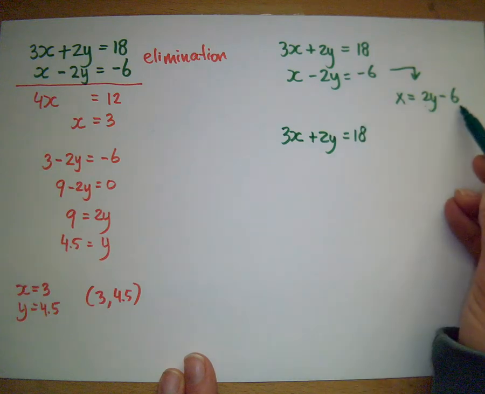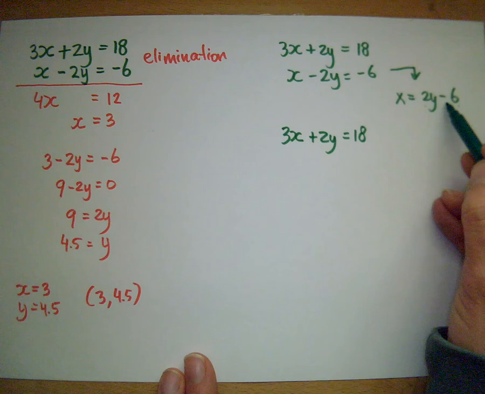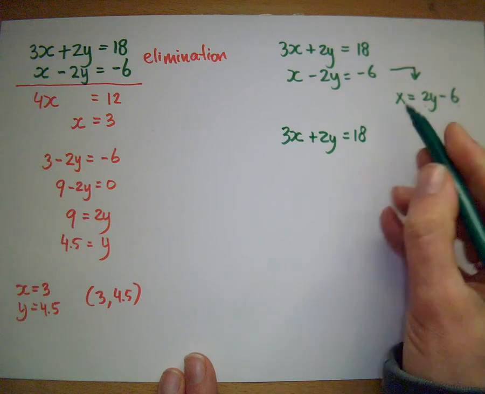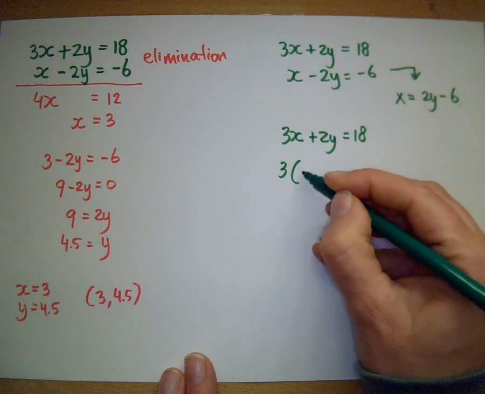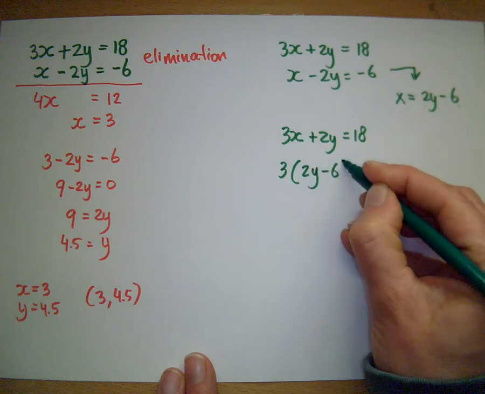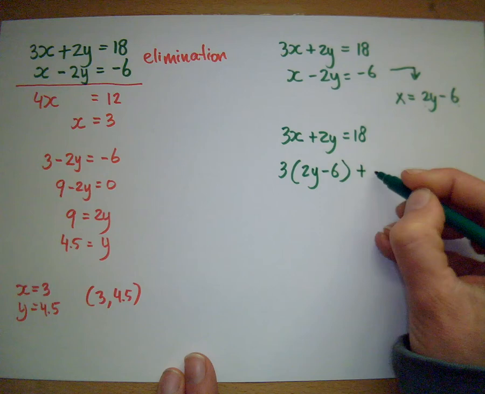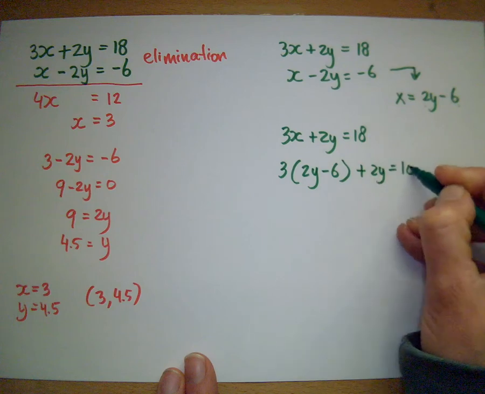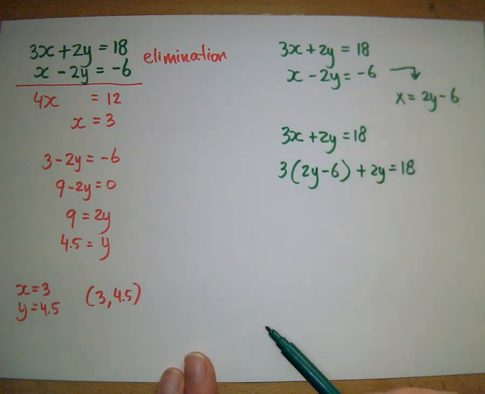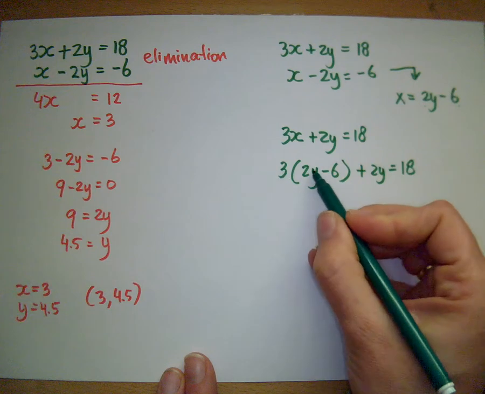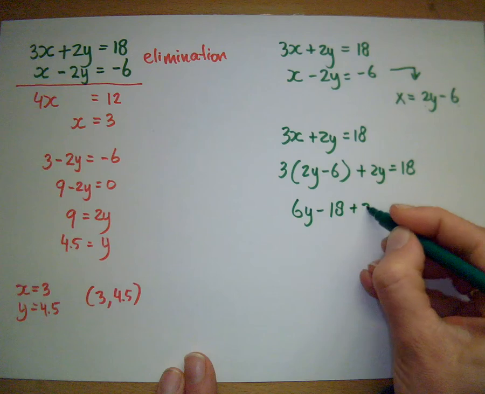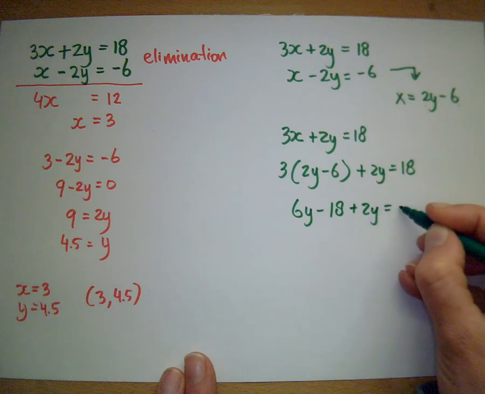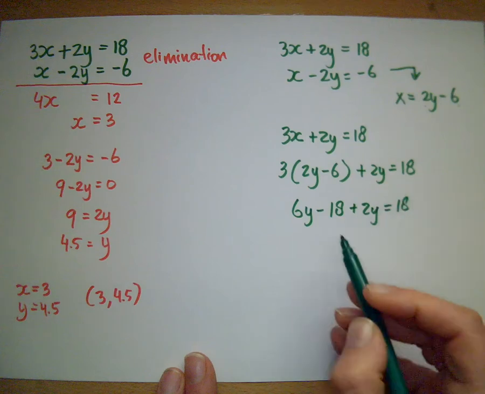So the original equation was this. Apparently x equals 2y minus 6 at the point where the two lines meet. So 3 times 2y minus 6 plus 2y equals 18. And then I solve. I expand. 6y minus 18 plus 2y equals 18.